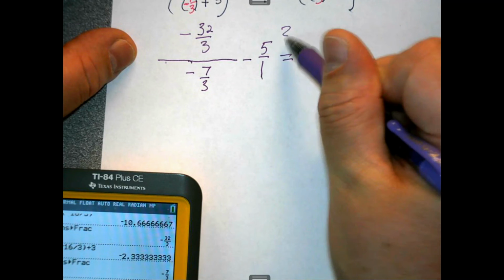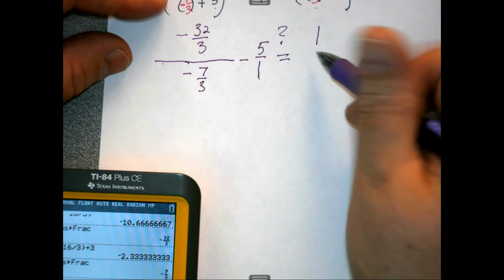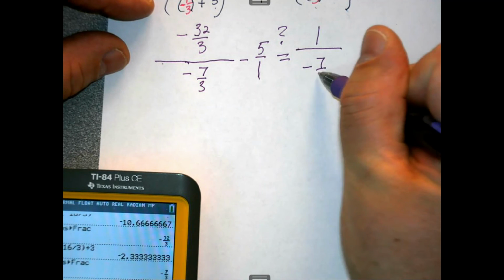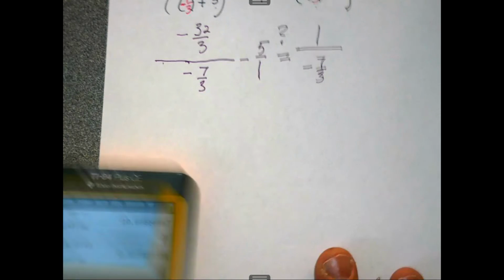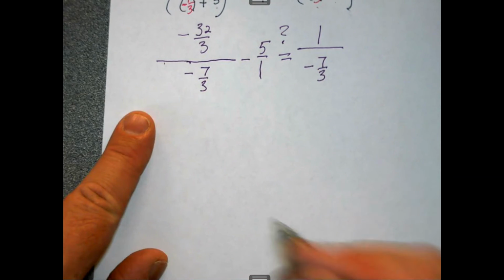Does that equal 1? Now, this is the exact same denominator, right? 1 divided by negative 7 thirds. We know how to divide fractions. We learned it last week with the rational expressions, right?